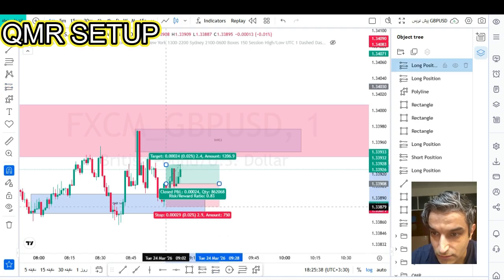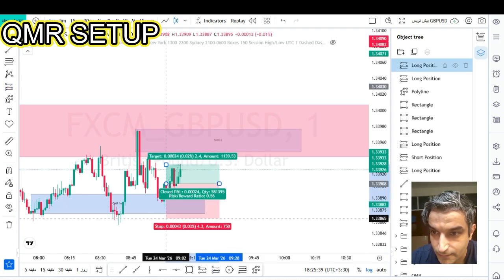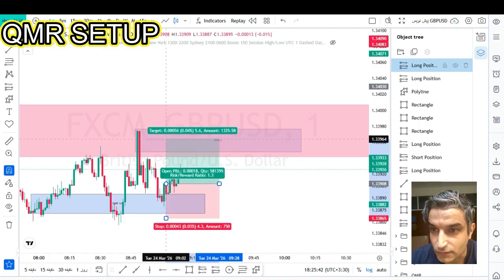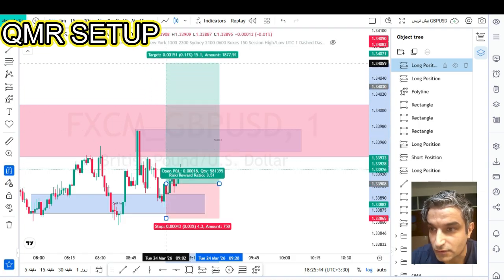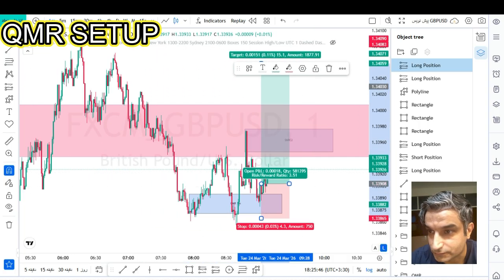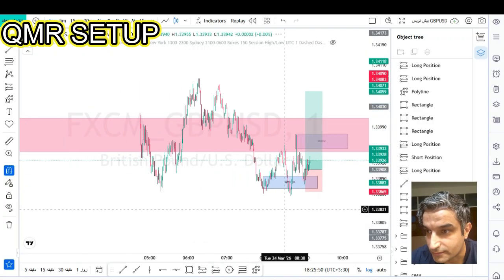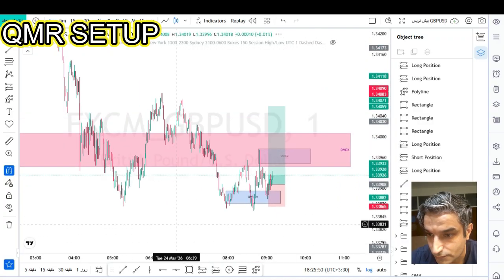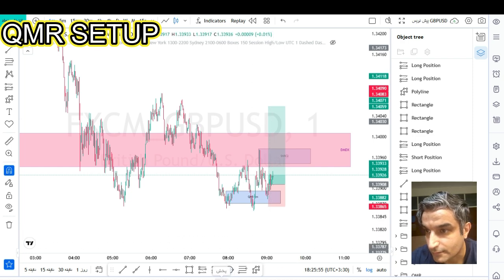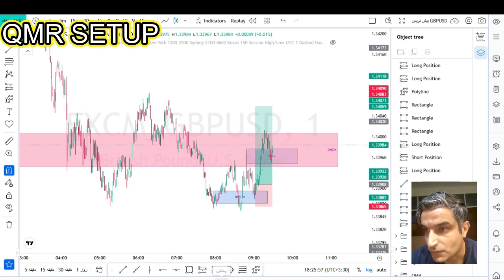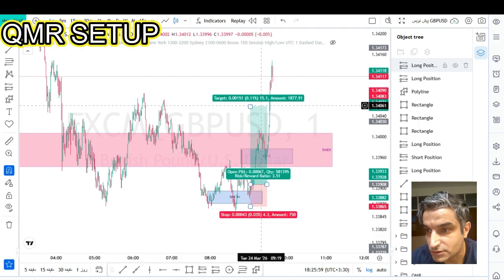Put our stop loss here and TP around 1.3. Let's see what will happen. As you see, price touched our TP.